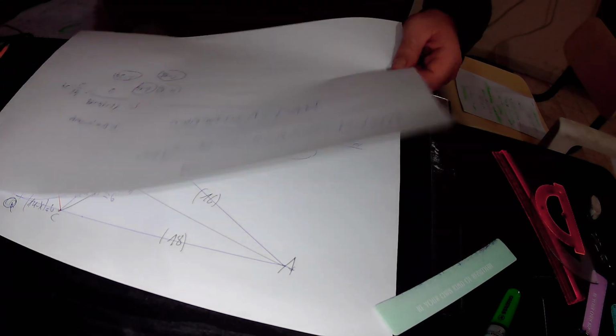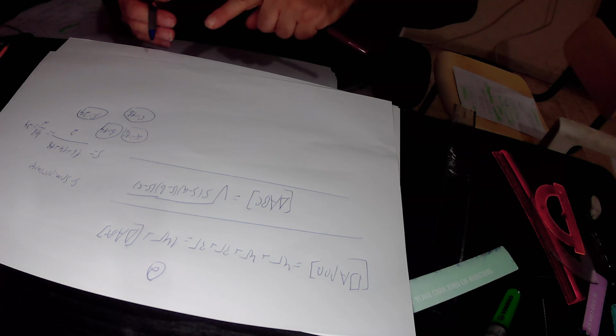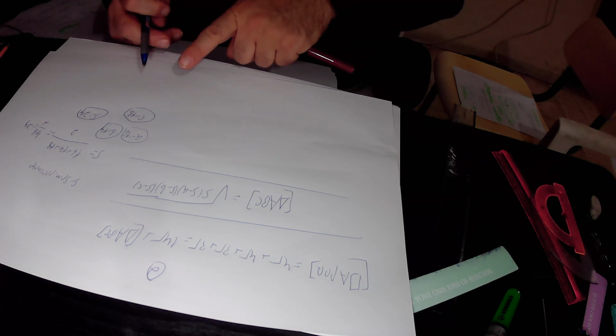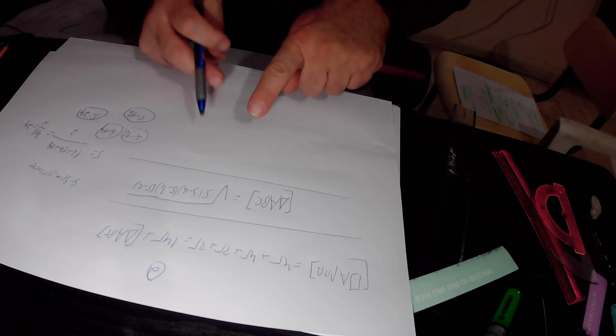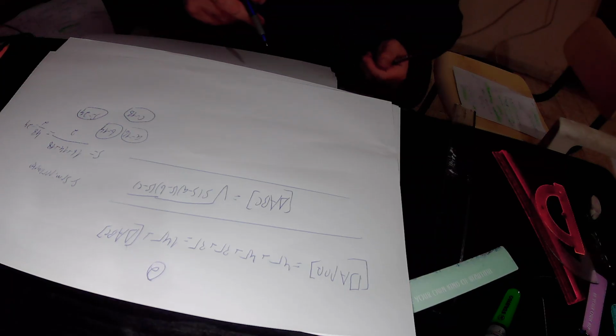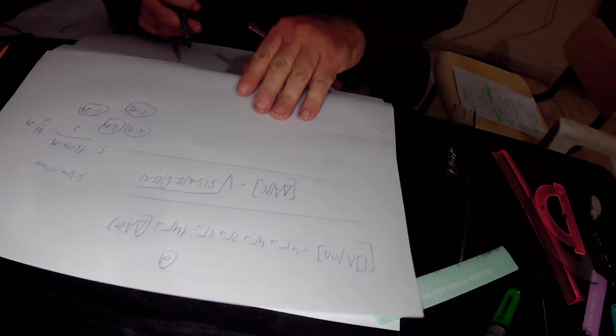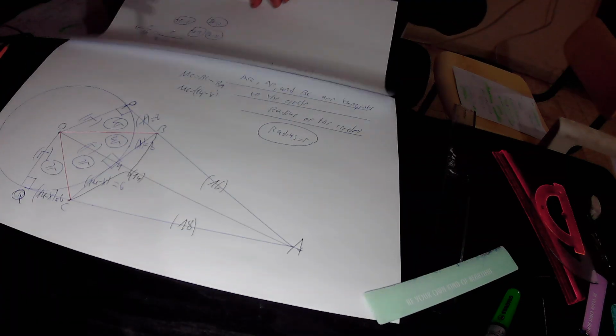You just have to put the data of our specific triangle ABC inside this general formula for the area of a triangle. This way we find the area of this triangle ABC.